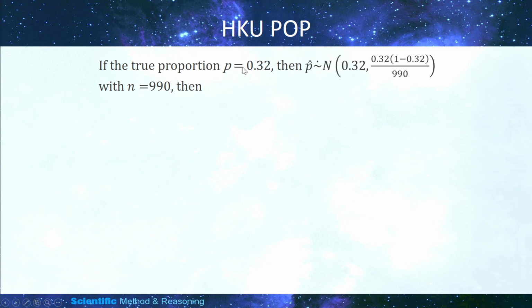If the true parameter is known, then we can find the probability distribution of the sample proportion based on a random sample of size 990, because the sample proportion will follow approximately a normal distribution, with mean being the true value of the population proportion and variance being P times (1 minus P) over n, with n equals 990.